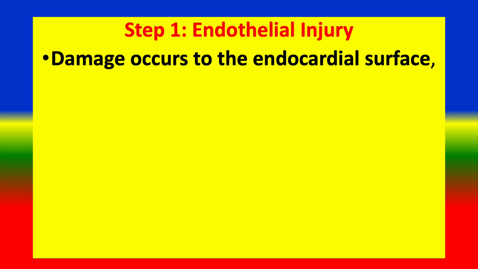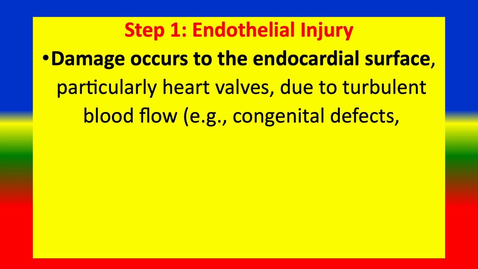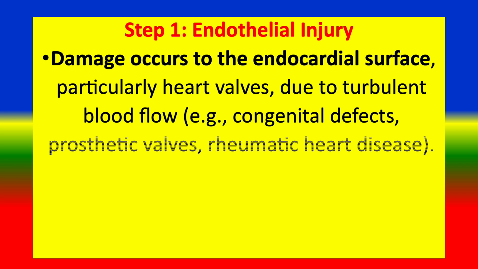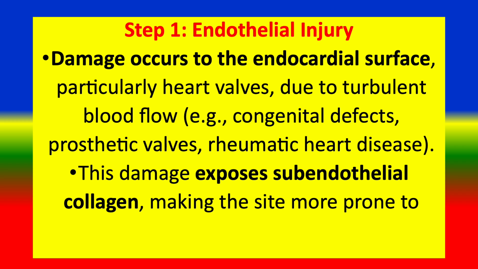Damage occurs to the endocardial surface, particularly heart walls, due to turbulent blood flow, example congenital defects, prosthetic valves, rheumatic heart disease. This damage exposes subendothelial collagen, making the site more prone to thrombus formation.